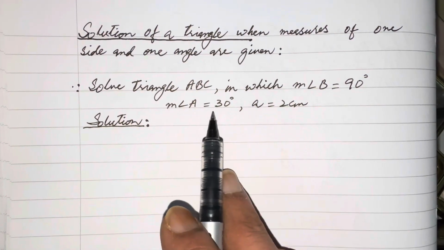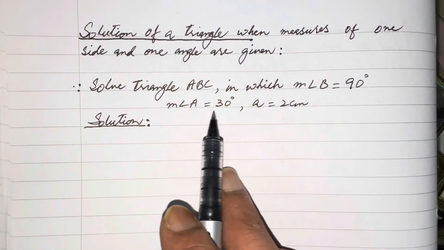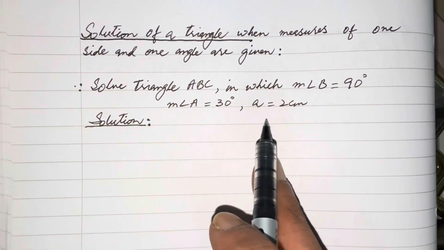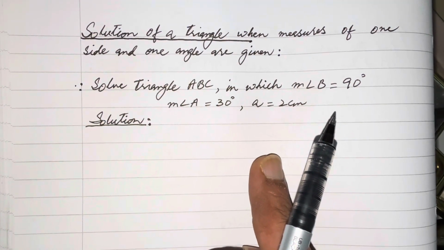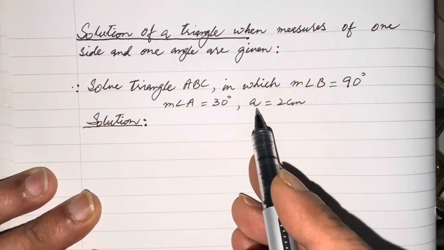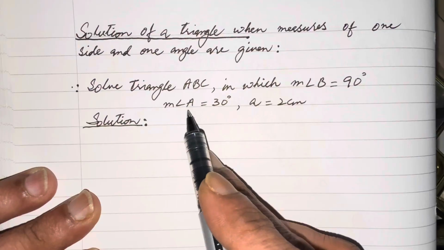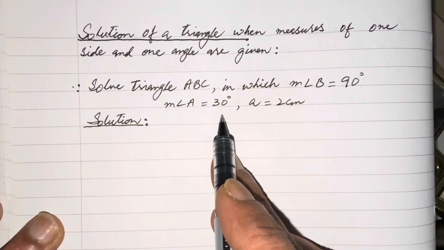So these are the two things given, one side and one angle. How can we find the other sides or other angles of the right angle triangle? One side is given as a equals 2 centimeters and one angle, measure of angle A, is given as 30 degrees.